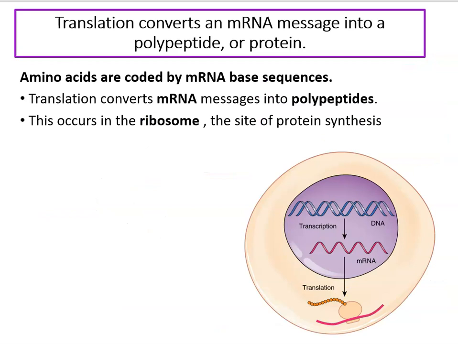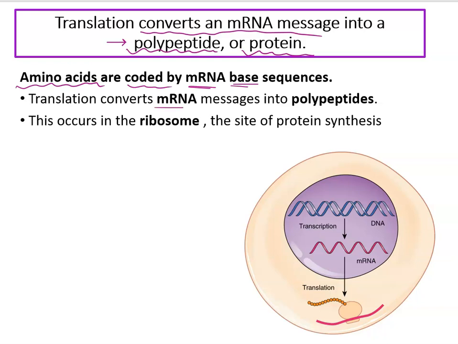So translation is going to convert our message into that polypeptide or protein. Polypeptide is just another word for protein. It's a chain of amino acids. They are synonymous. Amino acids are coded by the mRNA bases, which again, our mRNA was just the message of our DNA.